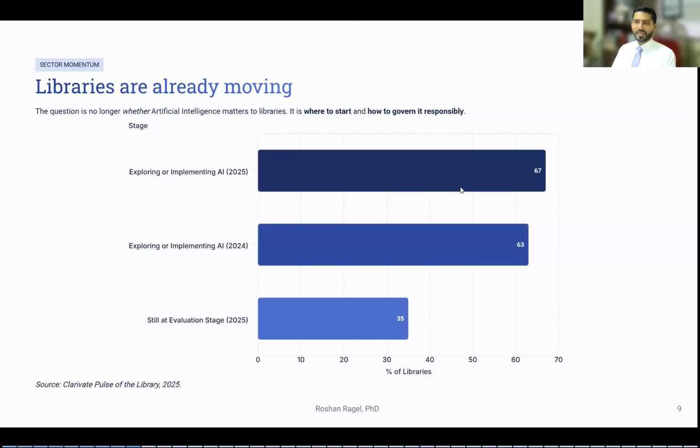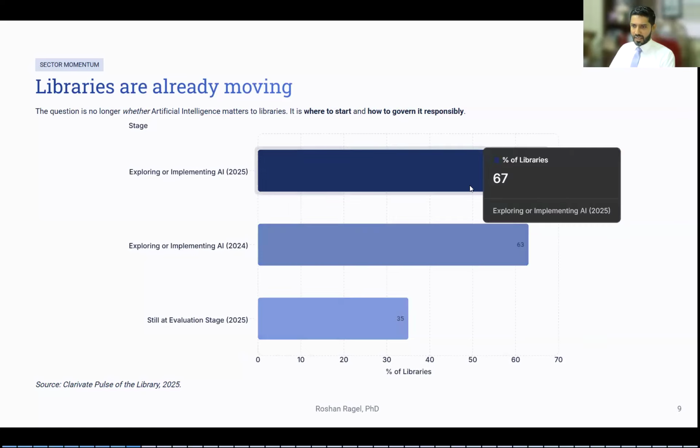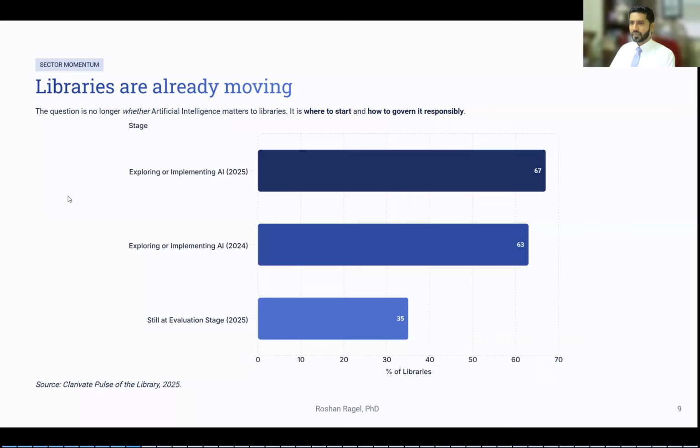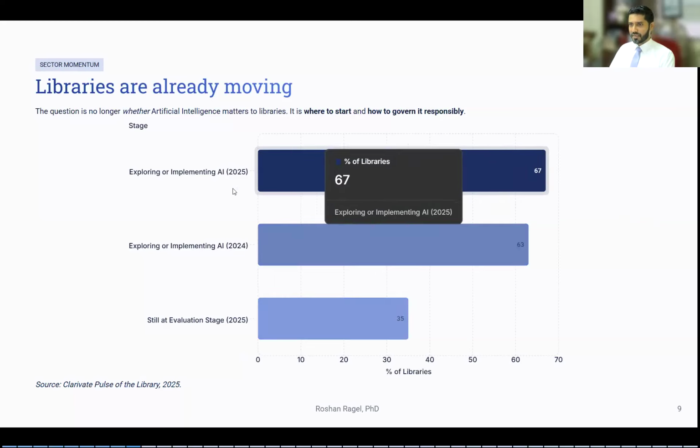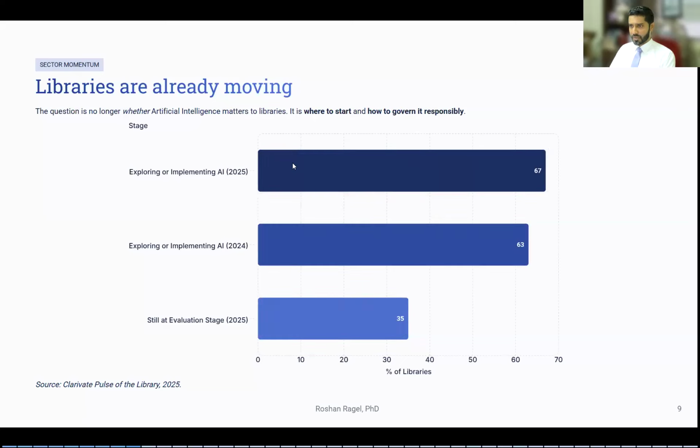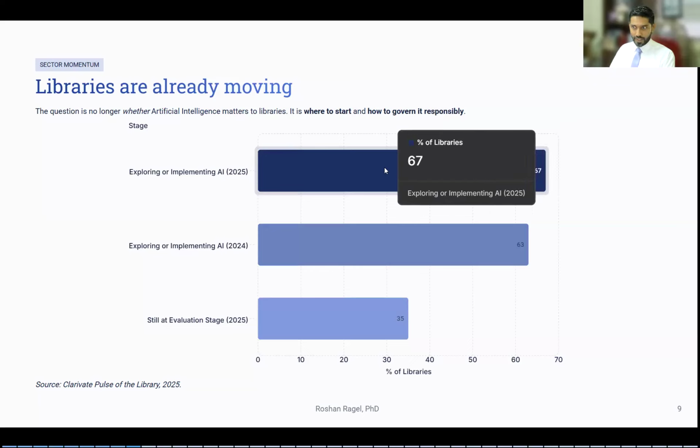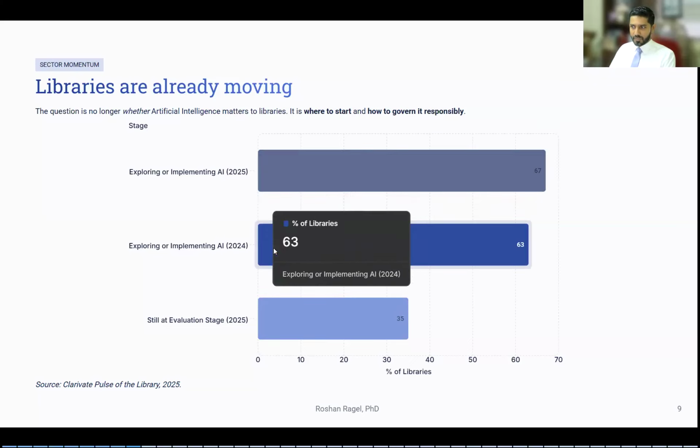But at the same time, in some libraries, some institutions, some places, things are moving. This is another report from last year where they talk about libraries that are implementing and exploring generative AI-based solutions. Last year, about 67% of the libraries were exploring, in a study that was done, which is an increase compared to the previous year.